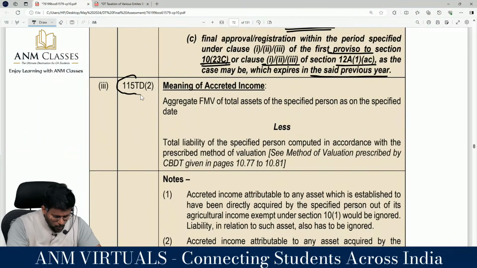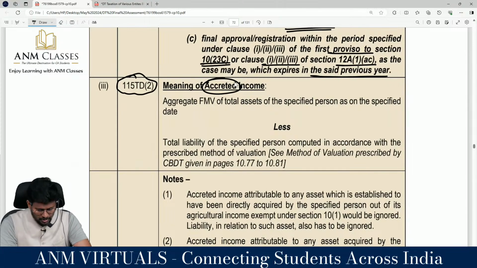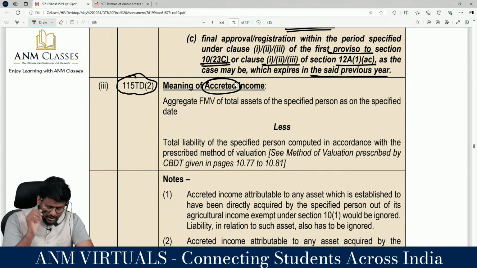I'm coming to the next one, 115TD. On what income am I liable to pay exit tax? On the accreted income. The question arises, what is accreted income?